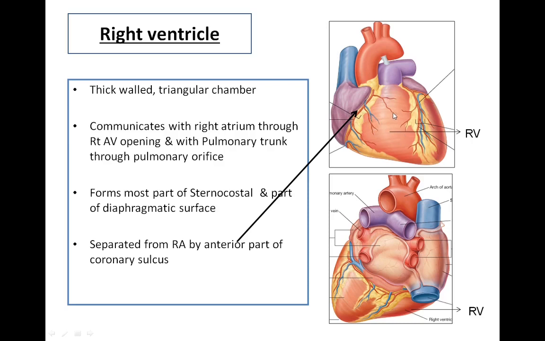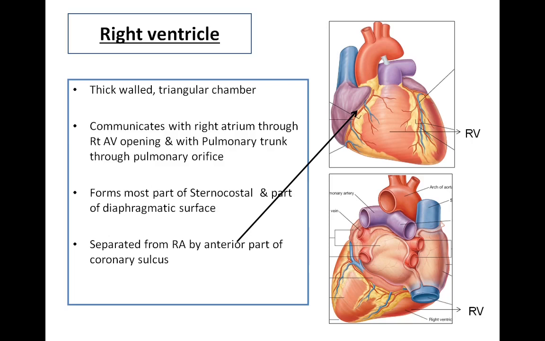Then the pulmonary trunk goes from the right ventricle. There is an opening guarded by a valve which is called the pulmonary valve, and that orifice is called the pulmonary orifice. So from the right ventricle there are two openings. One opening communicates with the right atrium, and one opening goes out.